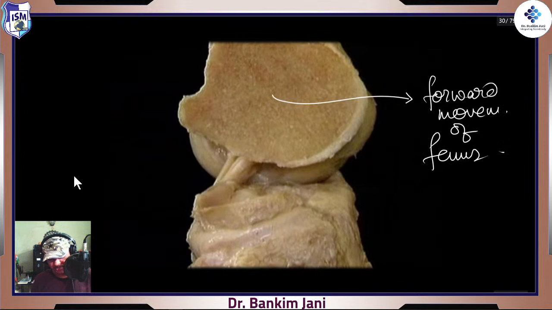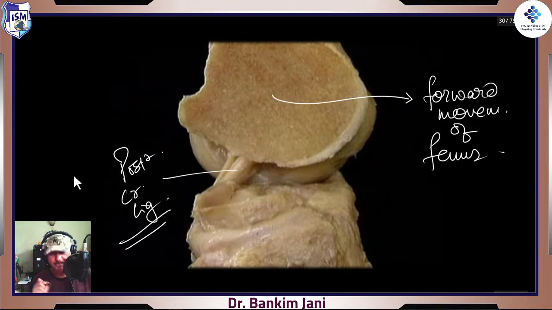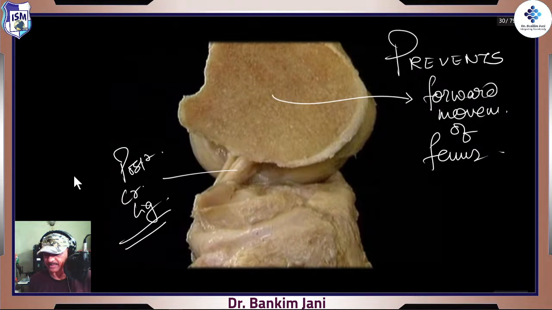And that is what is prevented by this posterior cruciate. So the posterior cruciate prevents forward movement of the femur. That's the rule, right? Let's put a star so that this important concept is remembered.